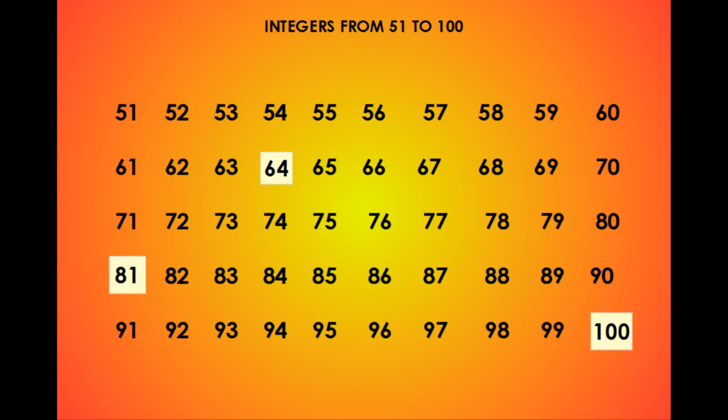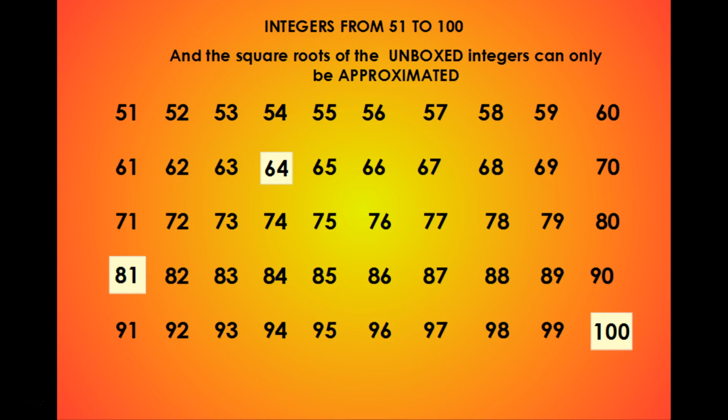And if we remove those box numbers, we find once again that the approximated square roots in this second block form the vast majority.